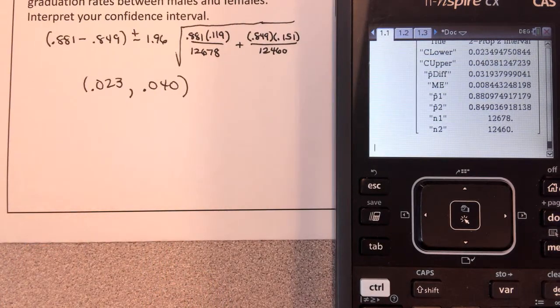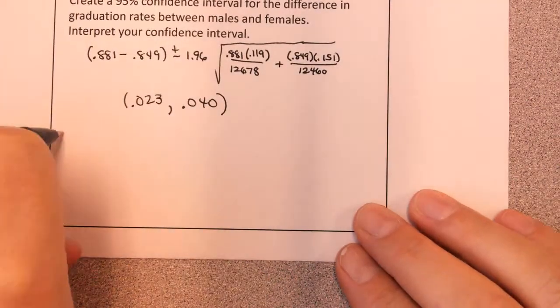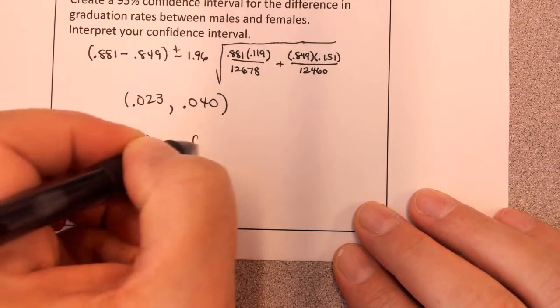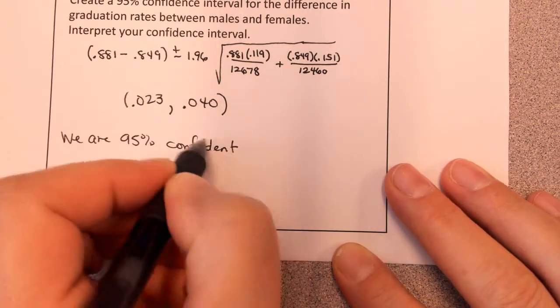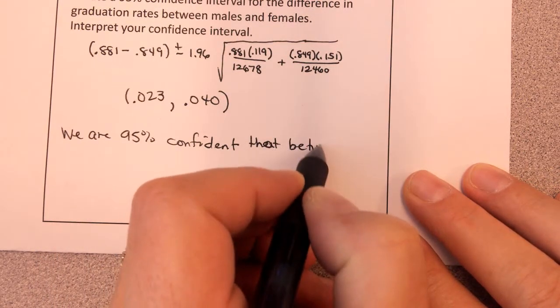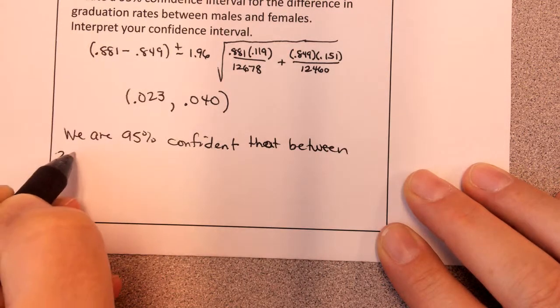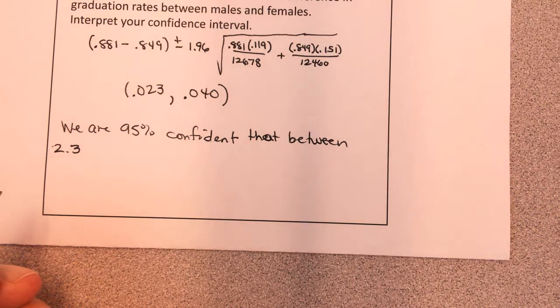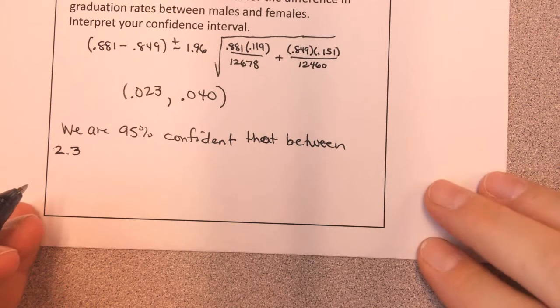We are ready to write a conclusion. If you can get through the conditions, everything else is way nicer. So we are 95% confident that between 2.3% I don't like the way I'm wording this.